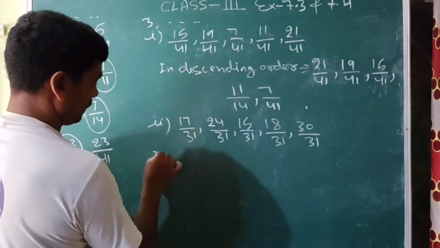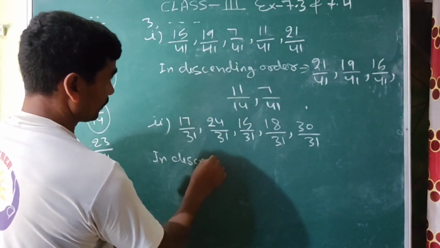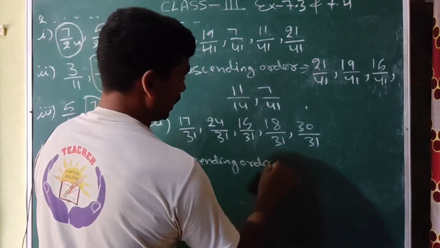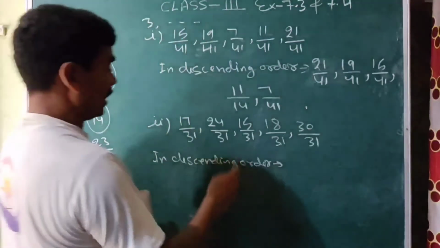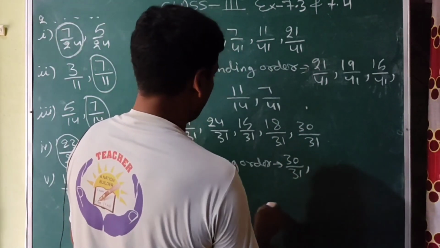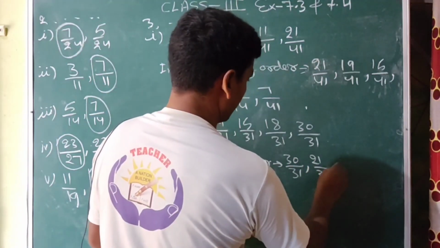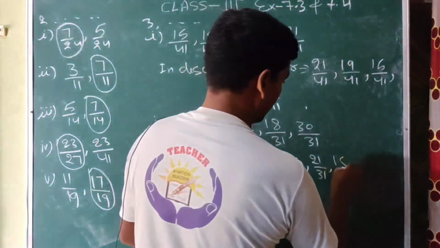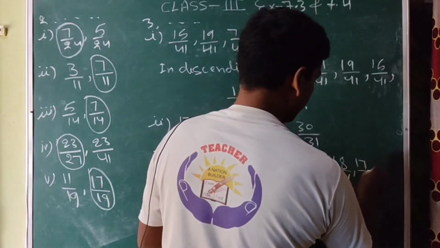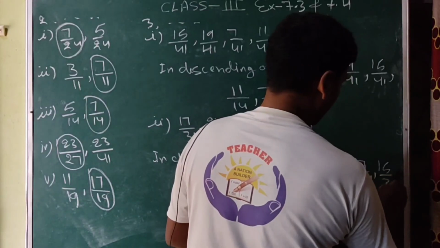So in descending order, first of all we will see the greater, 30 upon 31, and then 24 upon 31, then 18 upon 31, after that 17 upon 31, and then 15 is left, so 15 upon 31. Okay.